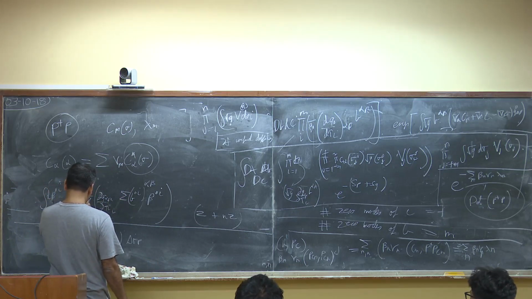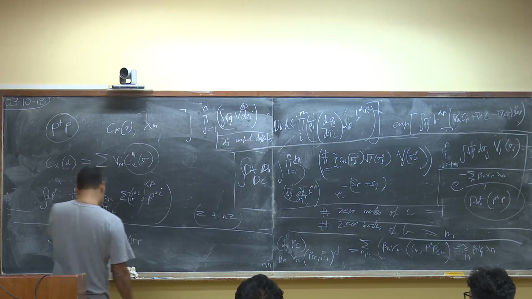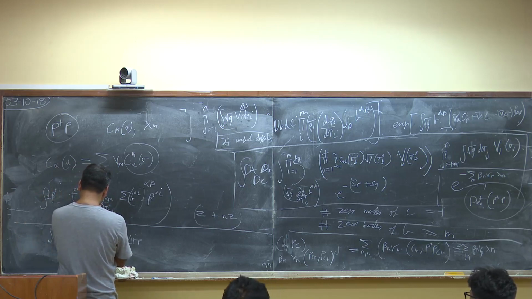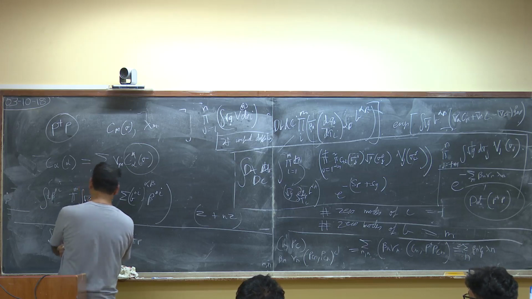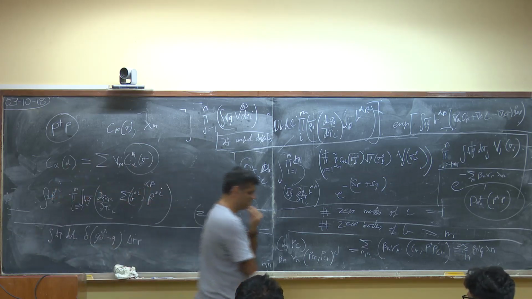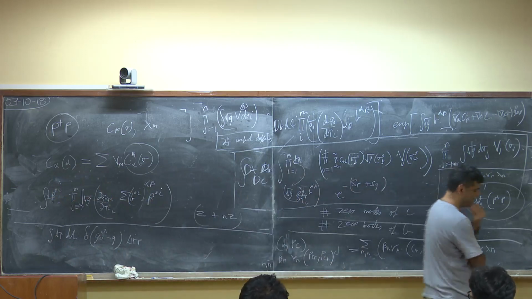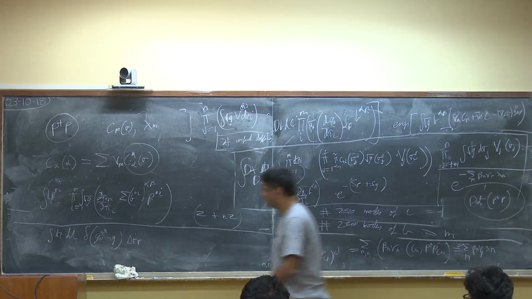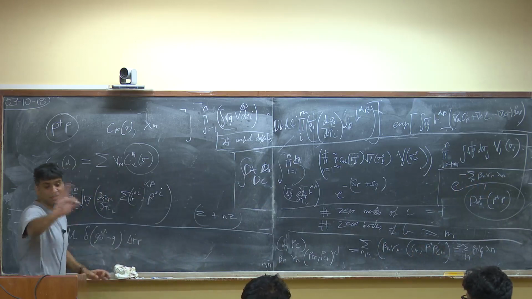When you wrote it as e to the power of an integration of something, because at every point in space-time you want to impose this condition, therefore there is an integration over space-time.